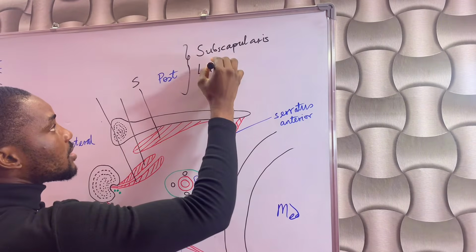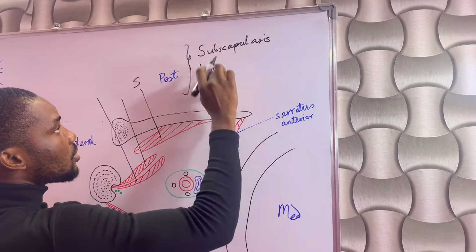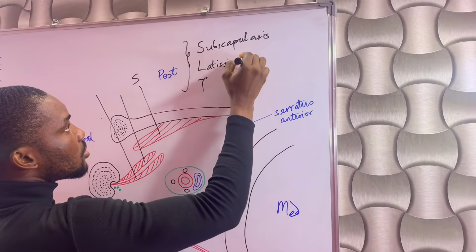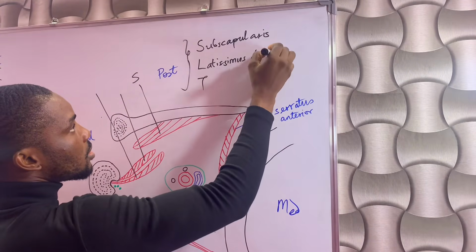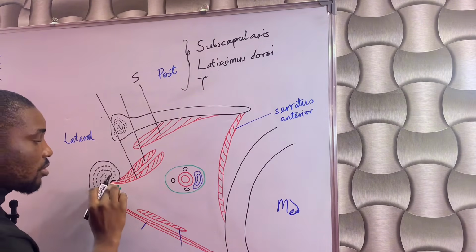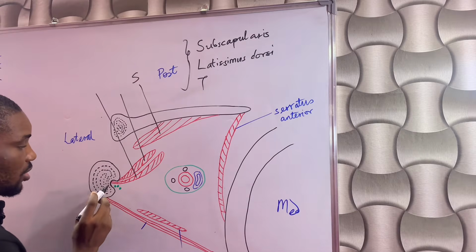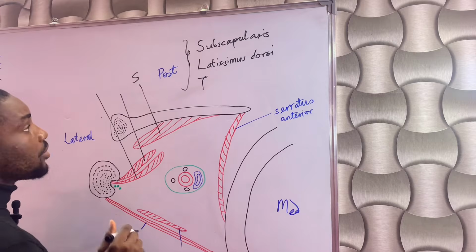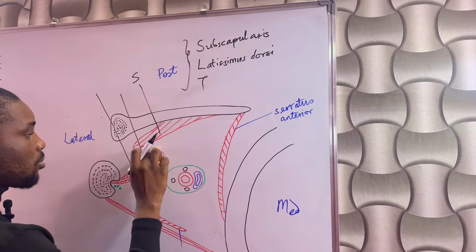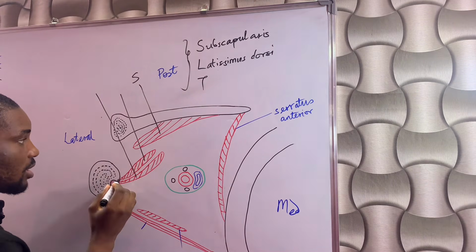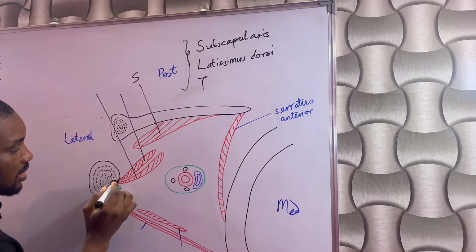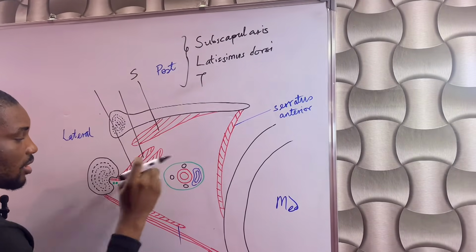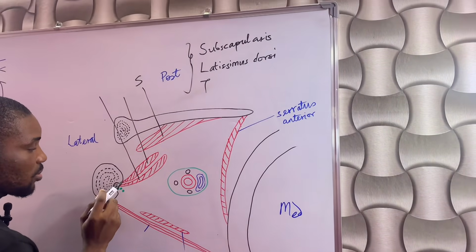We have the latissimus dorsi from the intertubercular groove of the humerus. This is the humerus, so here is the intertubercular groove, this groove here. Then we have another muscle, the teres major, from the medial lip. These are the lips of the groove. So the medial lip of the intertubercular groove is where the teres major originates from.